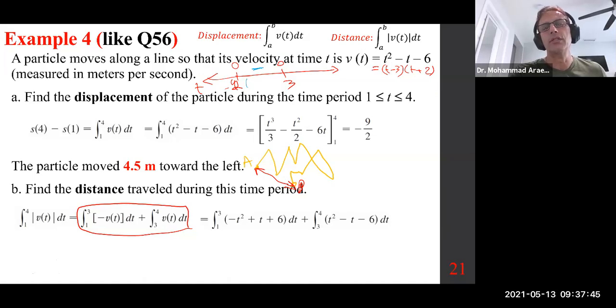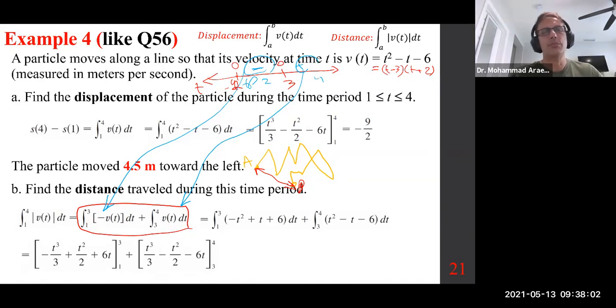I hope you realize test point, we pick like 2 here, and we pick like 4 here, it's positive. This negative results in this. And the rest is very simple. You just do your algebraic techniques to finish the job. I'm assuming everybody can do that. Plug in the numbers, evaluate, and that's about 10.17 meters.